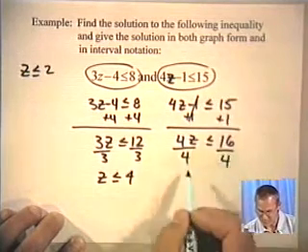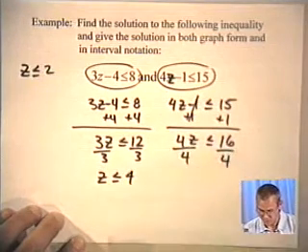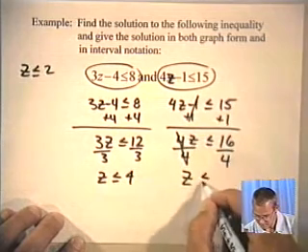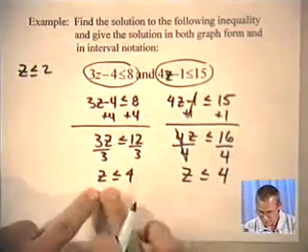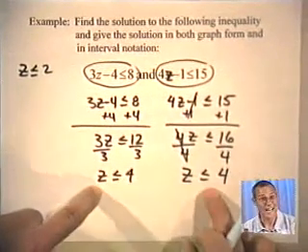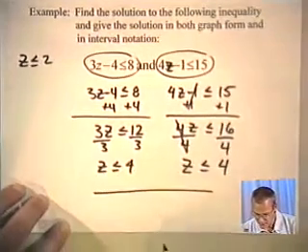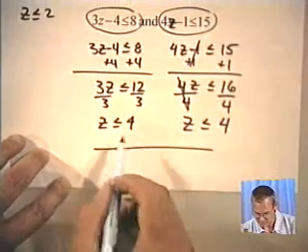Again, when we multiply or divide by a positive value, that does not change the inequality either. So notice, both of these intervals are exactly the same. So really, I just need to write one interval representing both. I don't need to do two separate ones since they're the same.